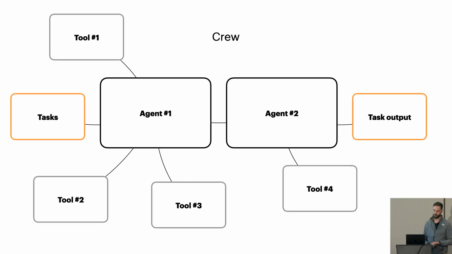And then there are various ways in which those agents can work together. It can be a very iterative thing where agent one goes first for the first task and then the second agent for the second task. But there can also be delegation and all sorts of things. It's really cool. But by the end, you have a task output. This can be text, it can write to a file, it can be a structured output, anything.